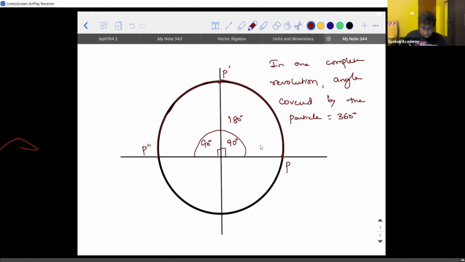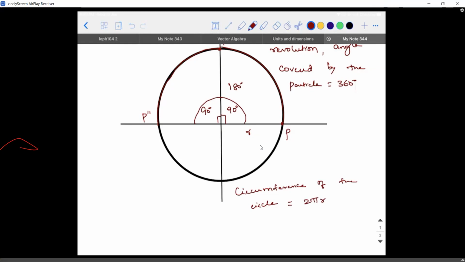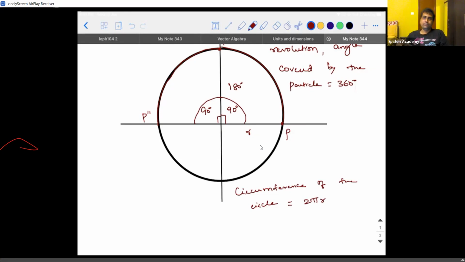So if I take the radius of the circle as r, then what is going to be the circumference of it? Known fact. It is 2 pi r. Guys, are you able to understand? Yes, sir. Now comes the definition of radian.